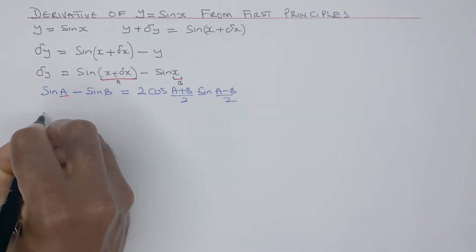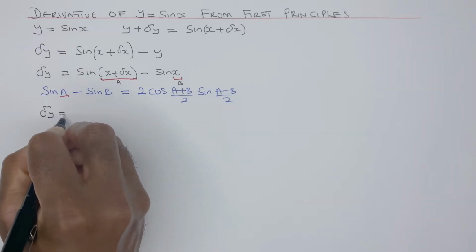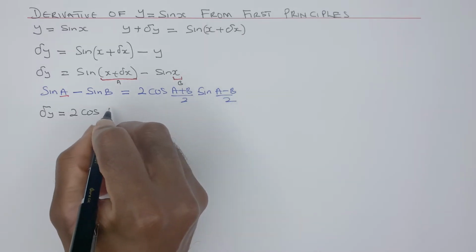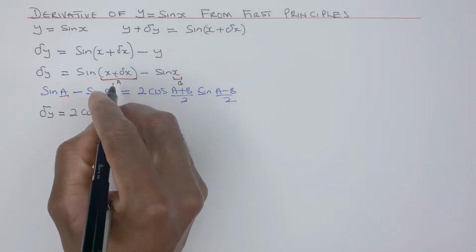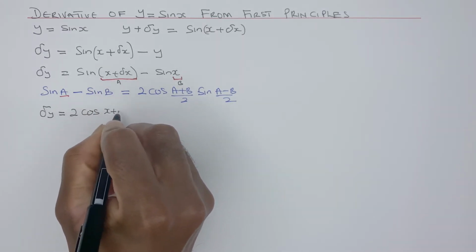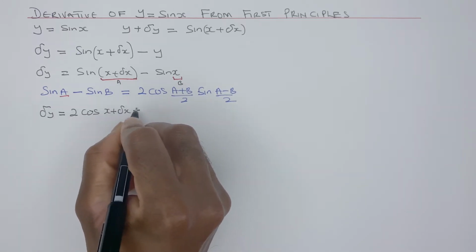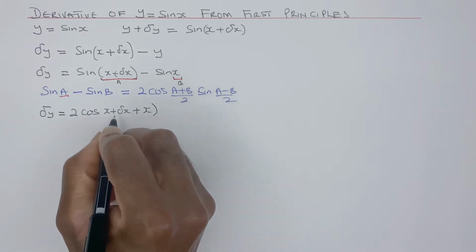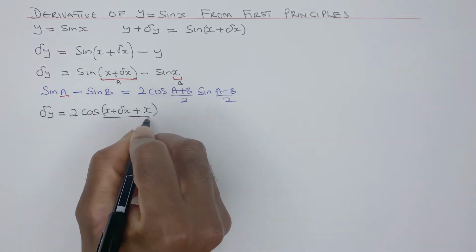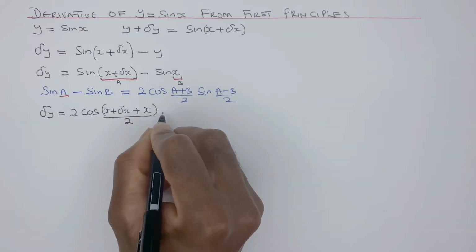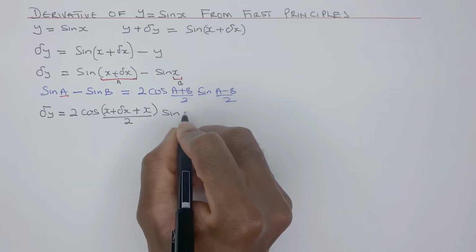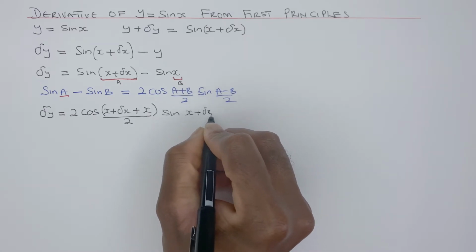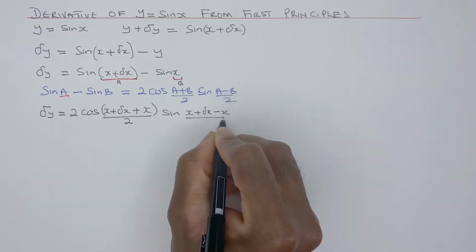So delta y equals 2 cos of (x plus delta x plus b, which is x) over 2, sine of (x plus delta x minus x) over 2.